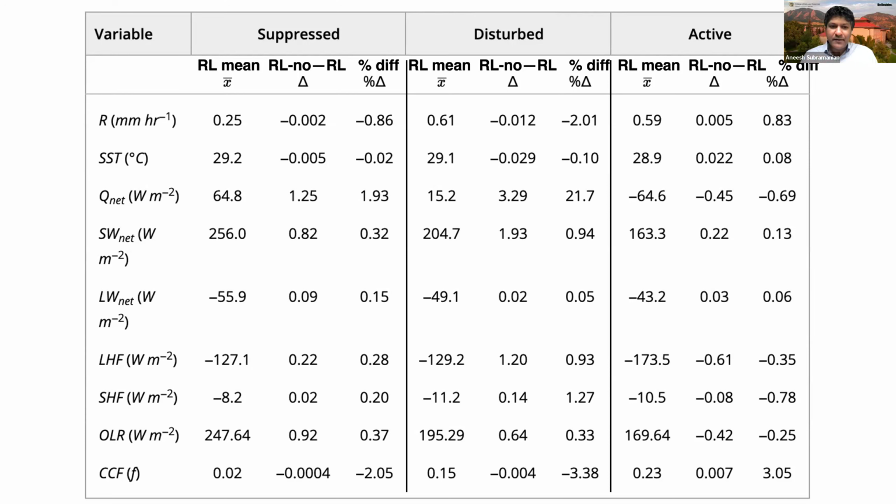Versus a secondary MJO event where an MJO goes all the way around the globe and then comes back into the Indian Ocean. So the Indian Ocean has already seen strong winds, rain, mixing, all of that. Do you know how a primary event could influence some of these dynamics compared to a secondary event where you've already had mixing? The ocean has responded to MJO convection and wind mixing.